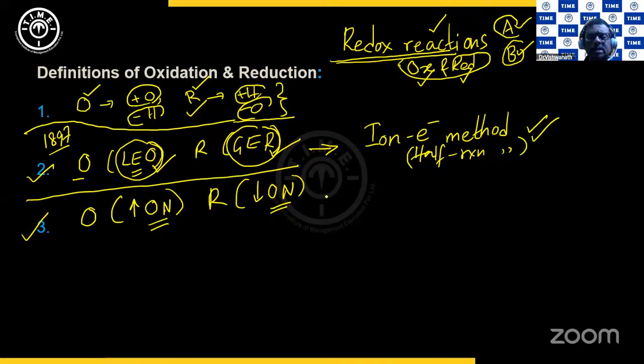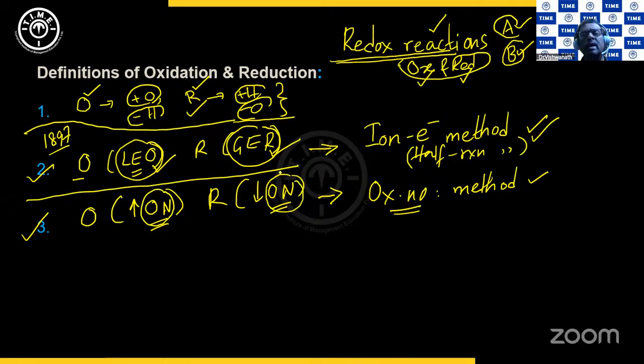Why? That we'll check now. The third method, where oxidation and reduction are defined in terms of oxidation number changes, is the oxidation number method. It is an easier, faster, quicker method. But if we are stuck in finding out the oxidation number, the entire thing will become a mess.